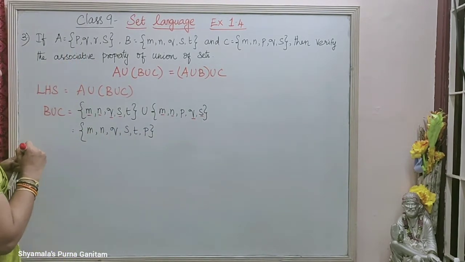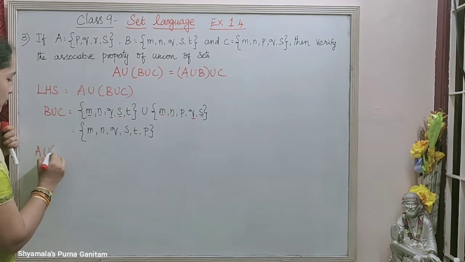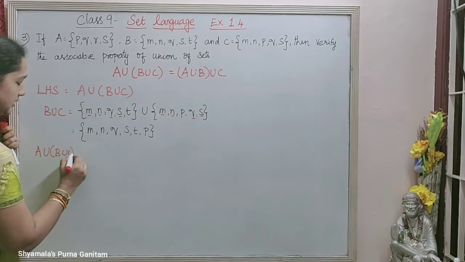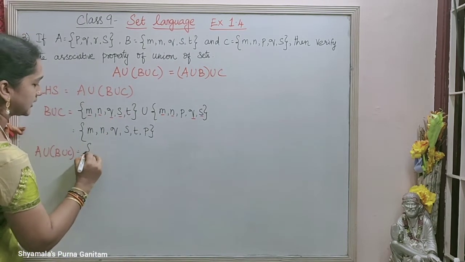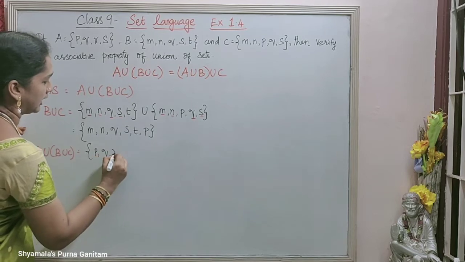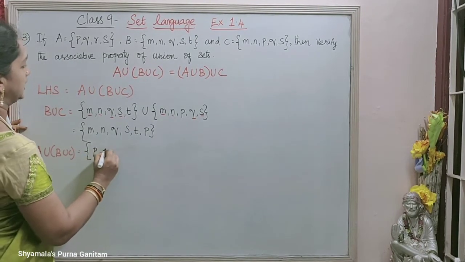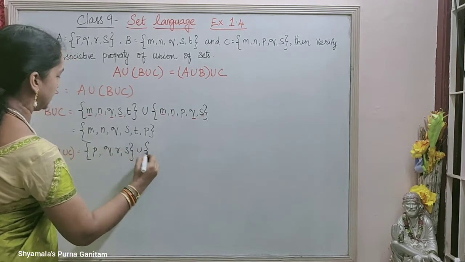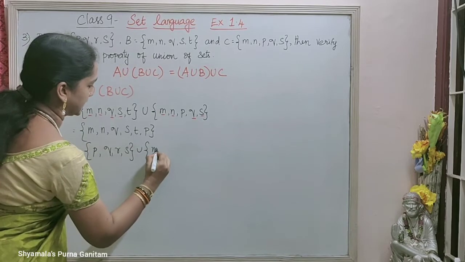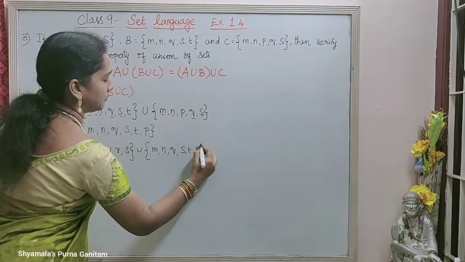Then next one is A union (B union C). Set A is {P, Q, R, S}. Union (B union C), which we found as {M, N, Q, S, T, P}.